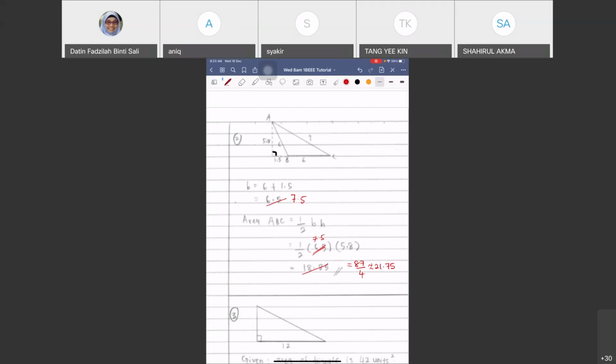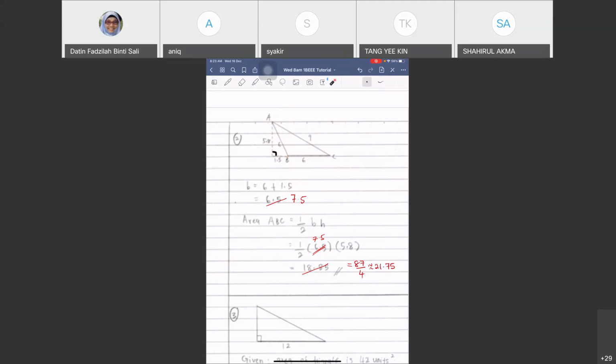Because the question, this is the area of the whole triangle, the one big triangle. But what you want is to find the area of triangle ABC. So you also want to find the area of just this smaller triangle.